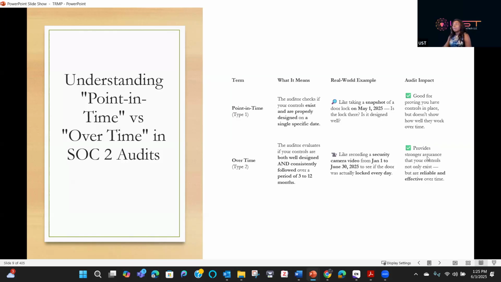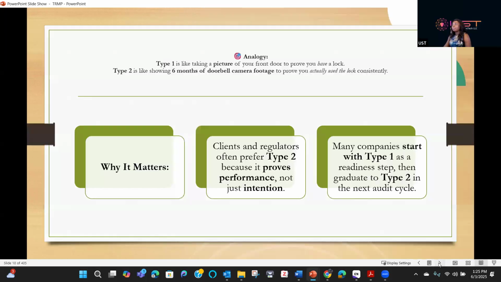But what of the audit impact? It provides stronger assurance that your controls not only exist, but are reliable and effective over time. What's the analogy? Type 1 is like taking a picture of your front door to prove you have a lock, while Type 2 is like showing 6 months of doorbell camera footage to prove you actually use the lock consistently.